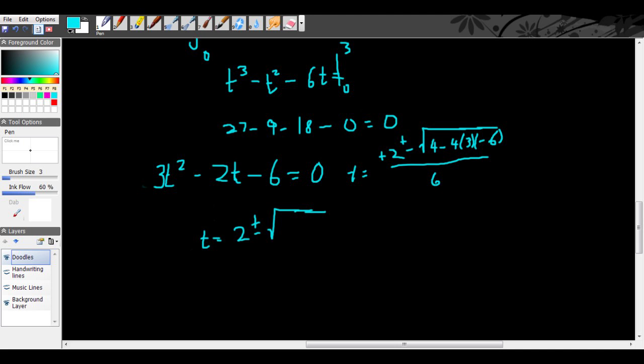So 4 minus, times 3, so the square root of 76, maybe, over 6. I was really hoping that would be an easier number to deal with.